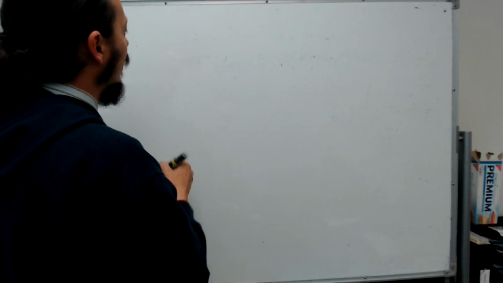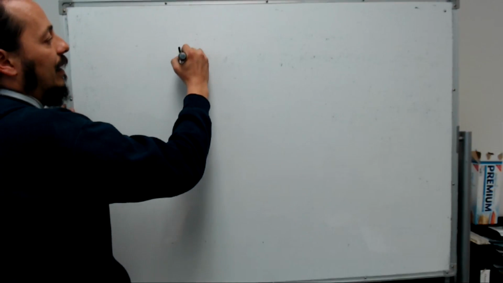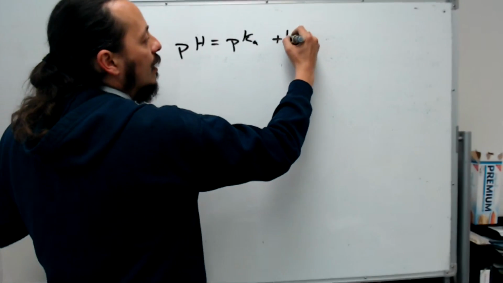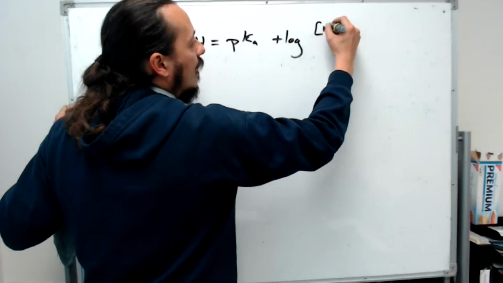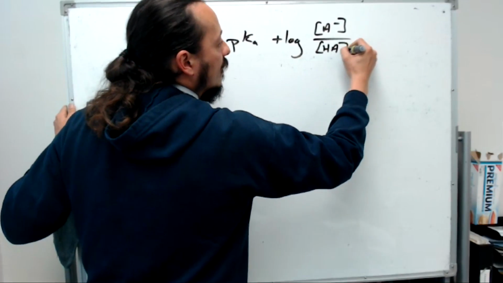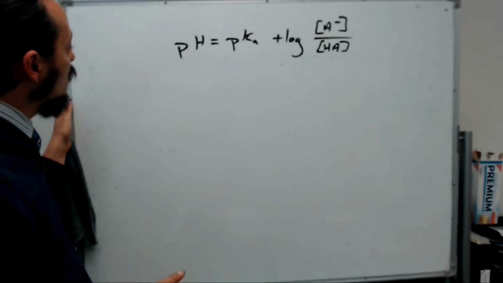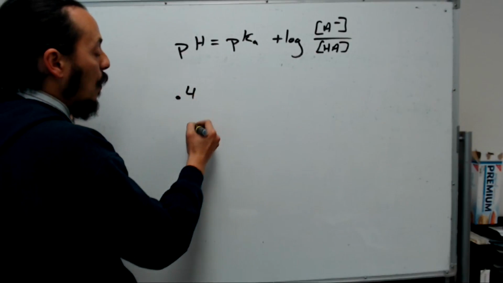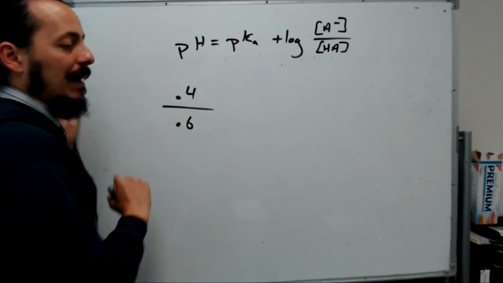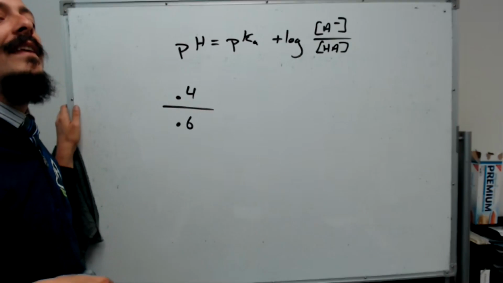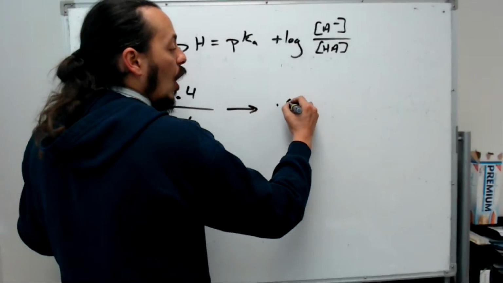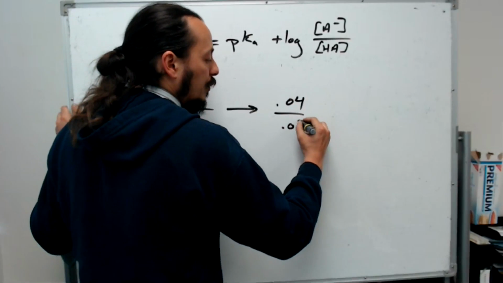Theoretically, if you've got some buffer, you've got your Henderson-Hasselbalch: pH equals pKa plus log of A minus over HA. Let's say you had a concentration of 0.4 and a concentration of 0.6 for your A minus over HA. And then you dilute by a factor of 10 so that you go to 0.04 divided by 0.06.